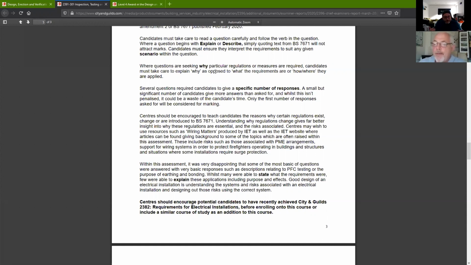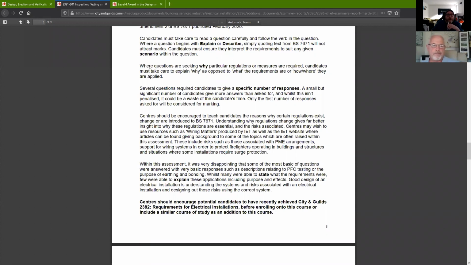But also, what happens under fault conditions? What happens to that metalwork under fault conditions? I say to people about bonding, they say, well, it keeps everything at 0 volts. Well, no, actually it doesn't. It's the opposite. It raises everything together. So people need to understand exactly what's going on and what that is doing. And that's just one example, bonding.